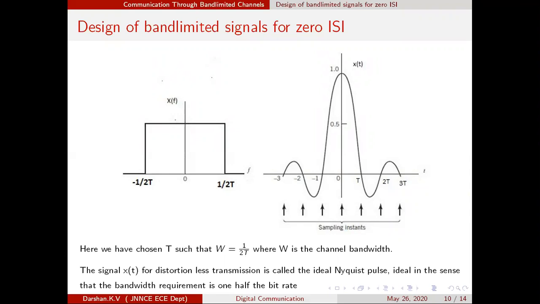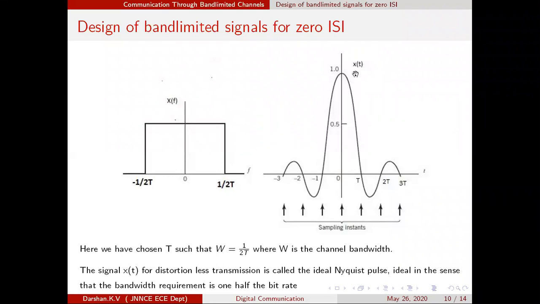That is why we are concentrating on this equation. So what is W then? W is called the channel bandwidth. Now, this pulse, whatever you are having, x of t.